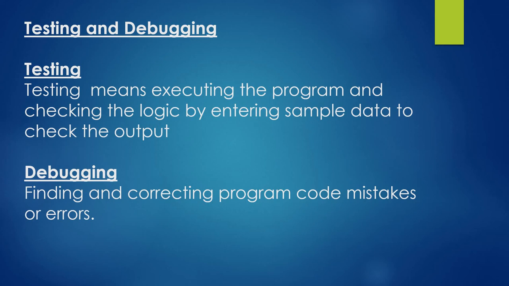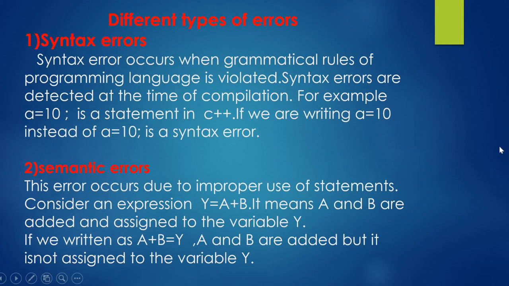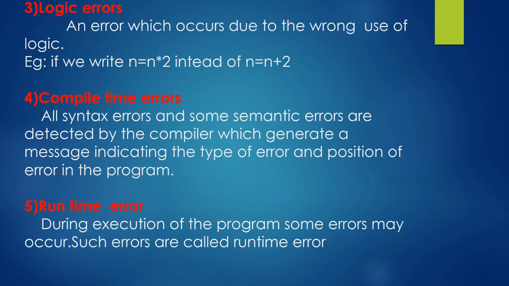Next we can check what the different types of errors are that may happen in your program. The different types of errors are syntax error, semantic error, logic error, compile time error and runtime error.